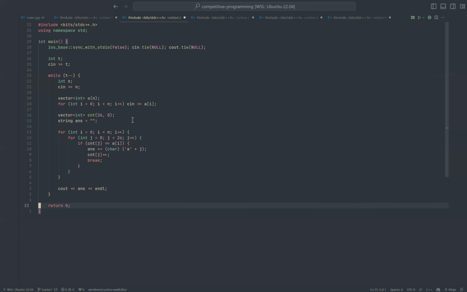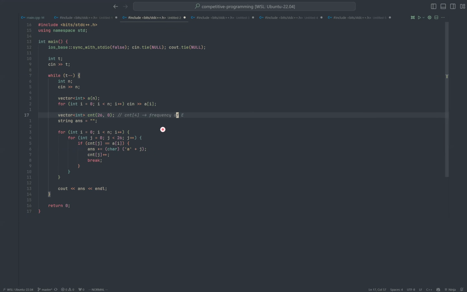For every test case, I'm taking the number of elements as input and then the whole array as input. After that, I'm having a count array of size 26, where the first index of the count will store the frequency of B, and similarly count of 4 will store the frequency of E and so on.